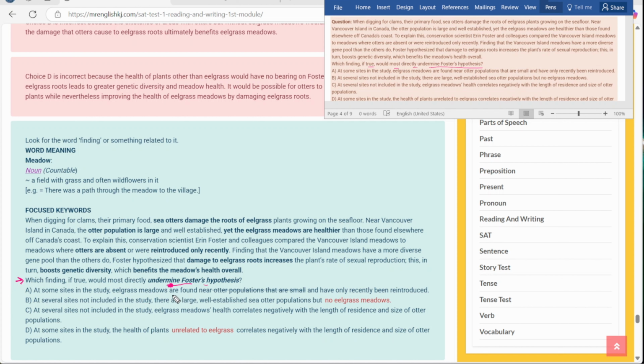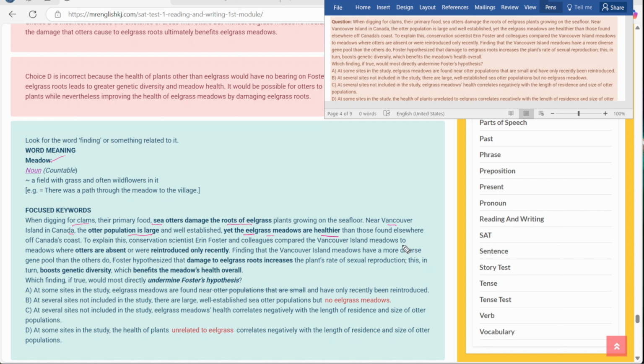Disbelieve Foster's hypothesis. You read the paragraph, so you understood a few things about it. Let me tell you. First thing, we are talking about sea otters. While they were digging for clams, they damage the roots of eelgrass. So when they destroy the roots of eelgrass in Vancouver, Canada, the otter population is large, and yet the eelgrass meadows you can see here are healthier than those found elsewhere.